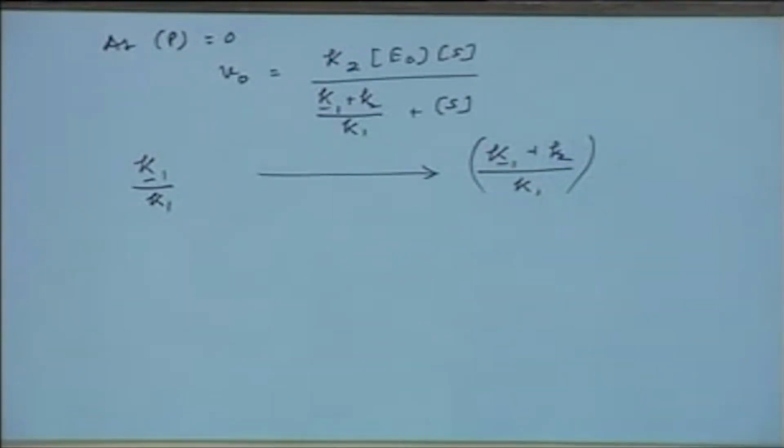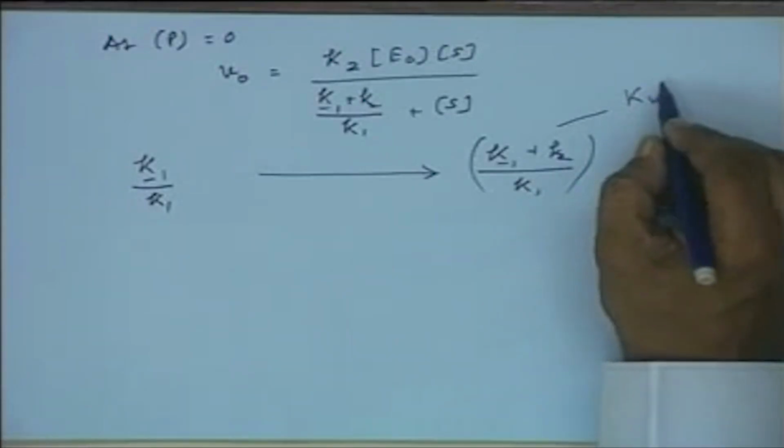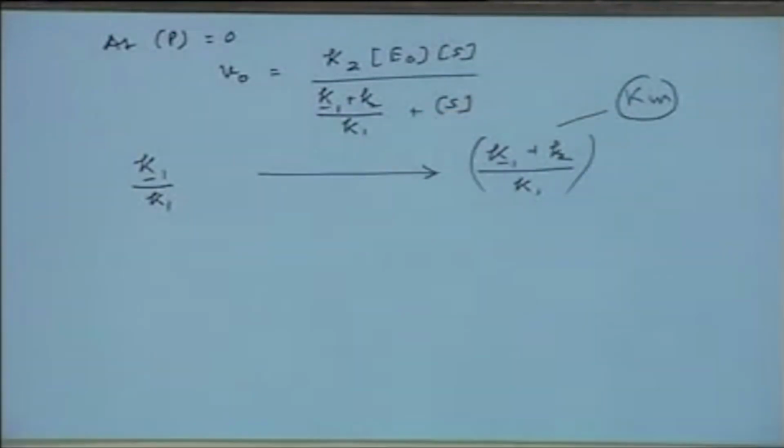Now, this parameter, essentially K minus 1 plus K2 upon K1, in honor of Michaelis-Menten to recognize their contribution, because bulk of the idea they got in their whole analysis from the Michaelis-Menten assumptions, they named this parameter as Michaelis-Menten constant. In fact, a very great confusion is that Michaelis-Menten himself never gave that name. He always talked about diffusion constant, which is a very fundamental parameter in physical chemistry.